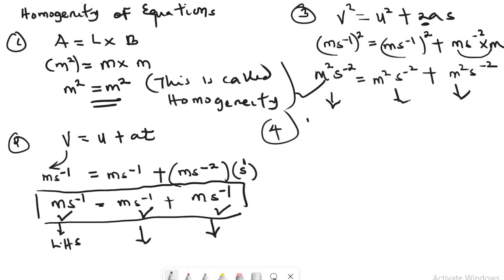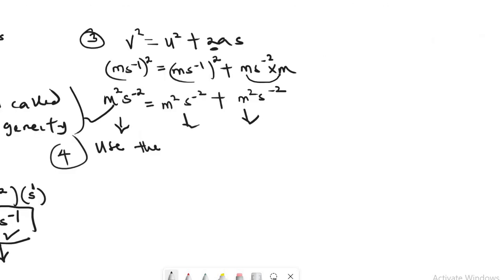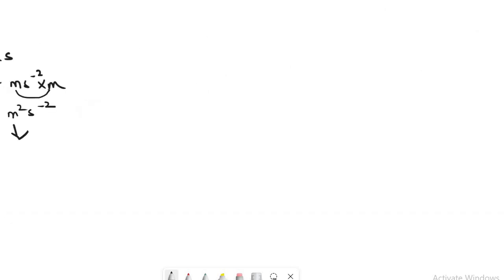Okay. Let me take it to the other side so you can do it on a fresh page. Another example. The question is, use the base unit.